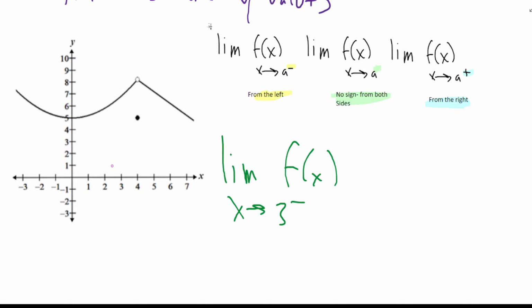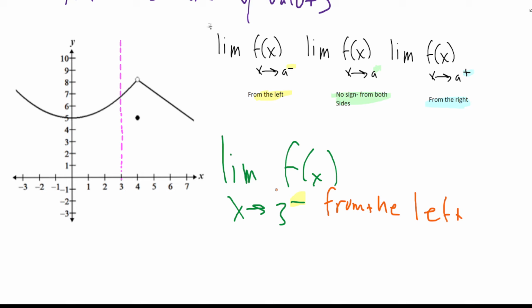Once again, I'm going to find my number 3 and see where the line crosses at that point. Now, notice it has a minus. So minus means from the left side.